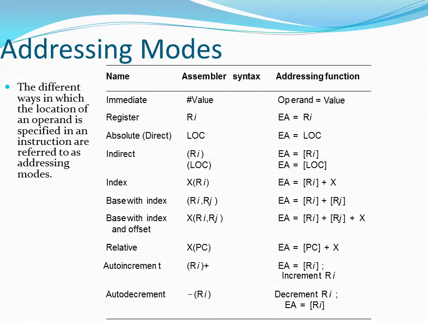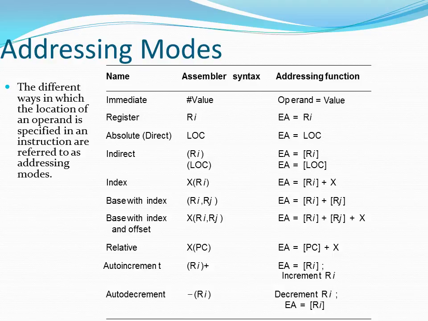And coming to the indirect addressing mode, here indirect register addressing mode and indirect absolute addressing mode. Here we represent RI in braces in the instruction. What is the meaning of RI in braces? In the previous register addressing mode, the operand is present in the register itself.